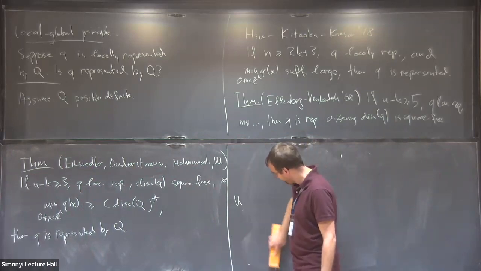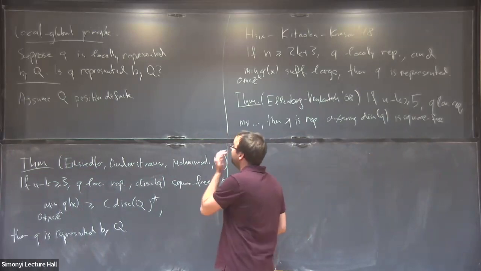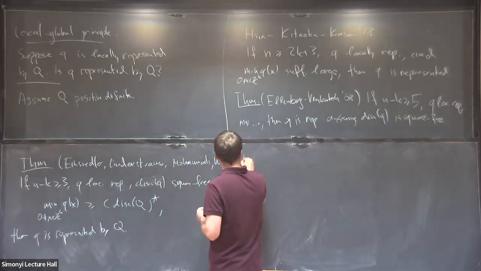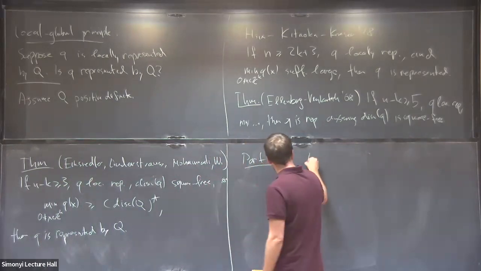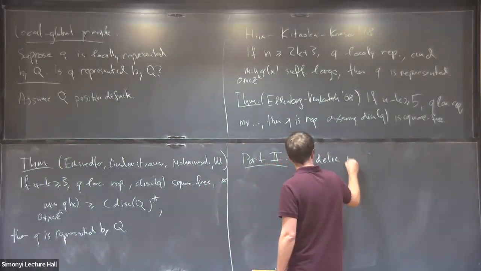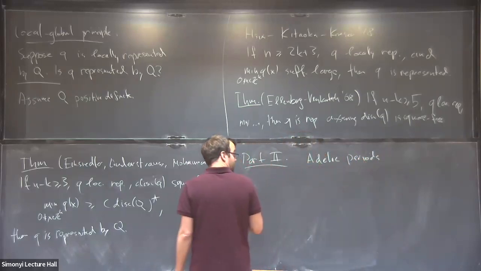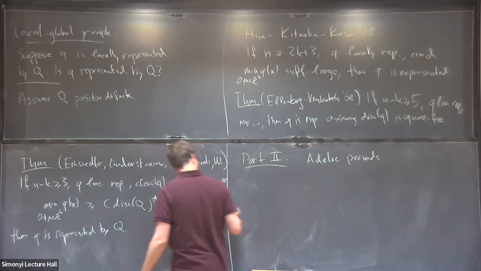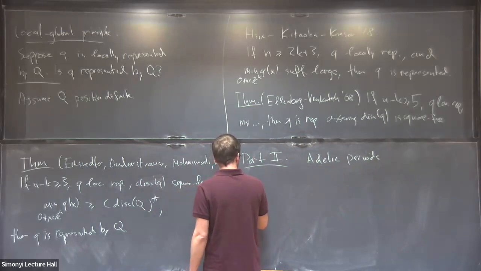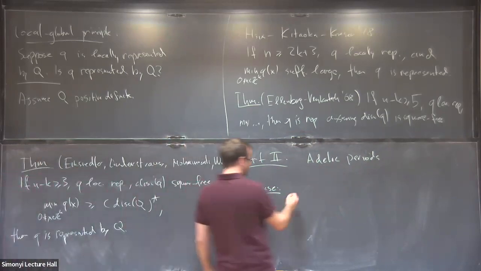What happens over R? I didn't have a part one, but maybe this is part two. Let me illustrate what happens. So I have a homogeneous space.